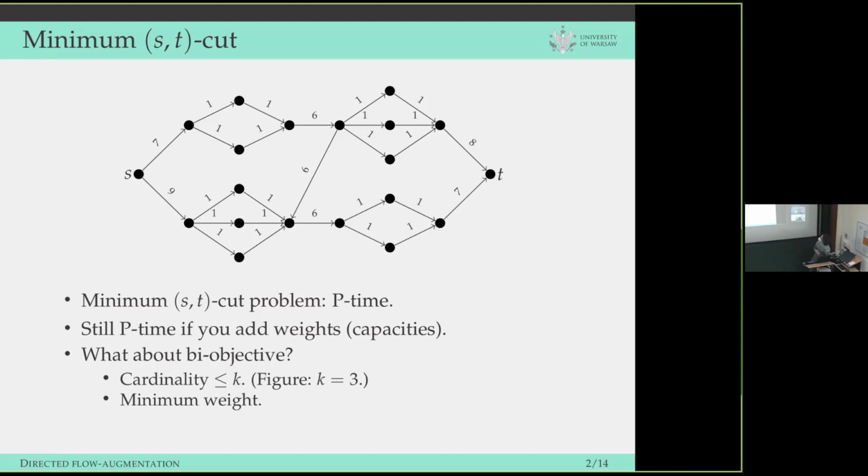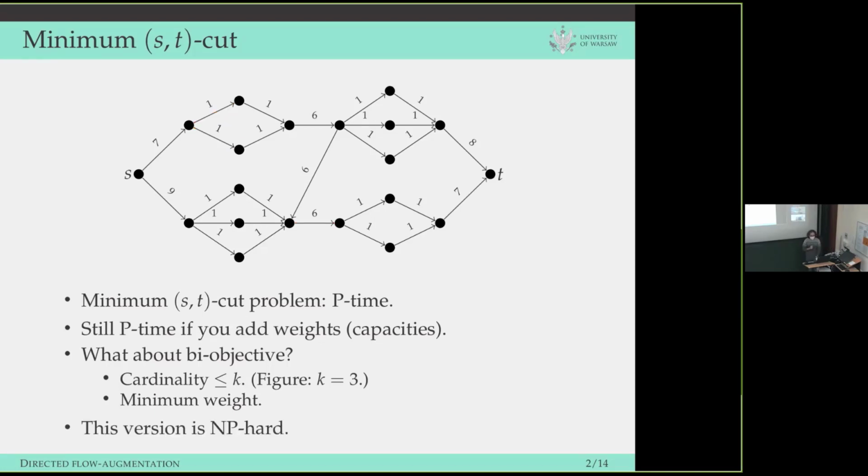If you look at this picture for a while, you will notice that you need to cut one of these 6 edges, or one of the more expensive edges. But apart from that, you can also cheat with two cost 1 edges, so the cost is 8 on this picture. And I think this is the optimum, the minimum weight cut of cardinality at most 3.